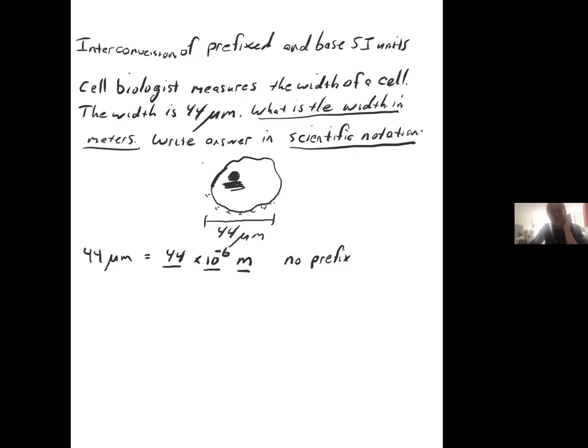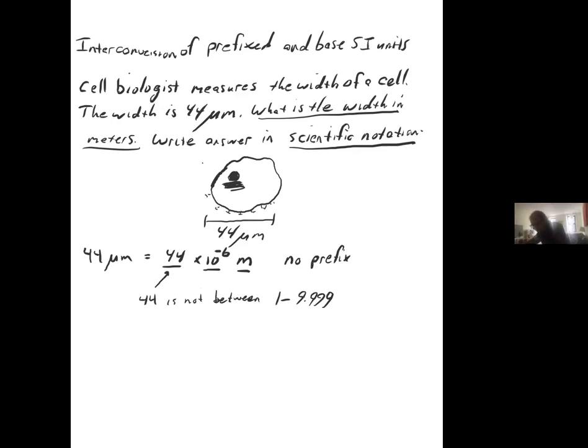But it's not in scientific notation yet. And the reason it's not in scientific notation is because 44 is not between 1 and 9.999, right? It's got to be a number between 1 and 10, less than 10, but 1 or greater, okay?